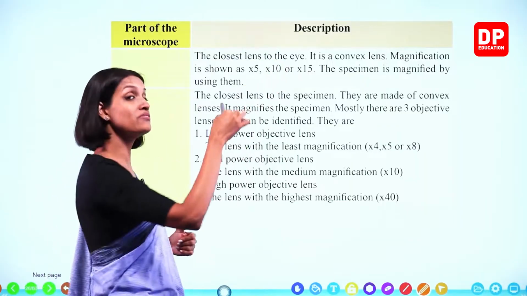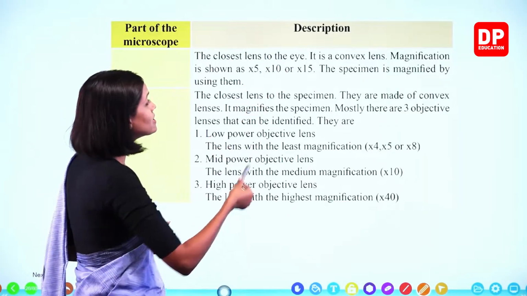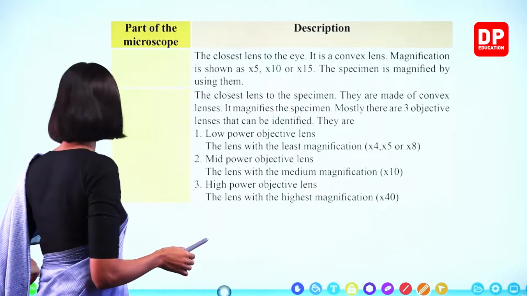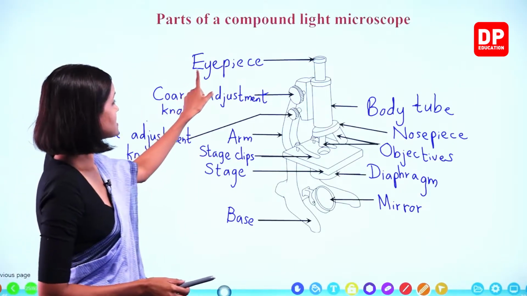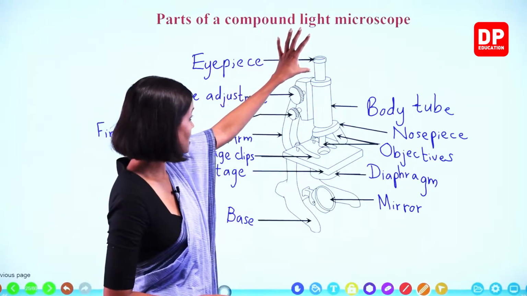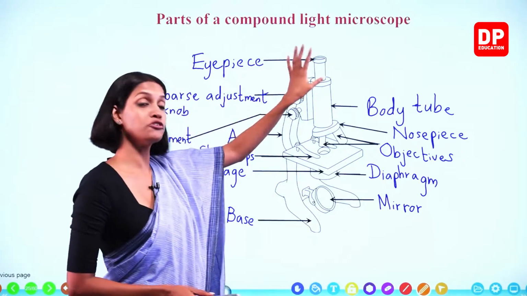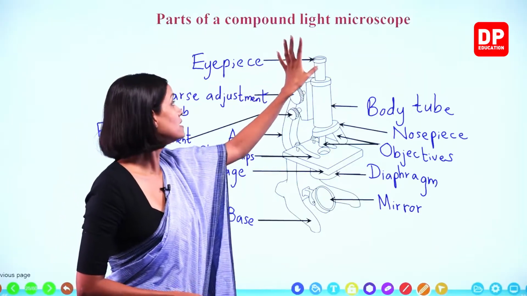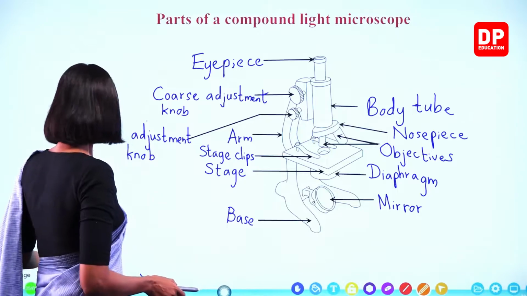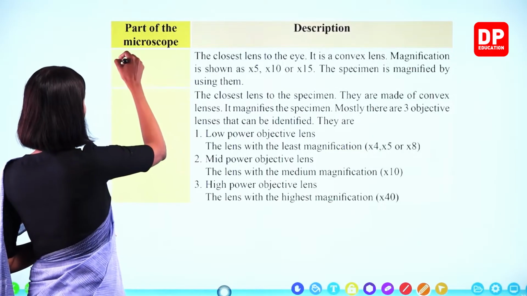You write the number with the multiplication mark, right? The specimen is magnified by using them, right? So here what is this? This is the eyepiece, because this is where you keep the eye at this place. Therefore, eyepiece is the lens that is closest to the eye, right? So let's write eyepiece.